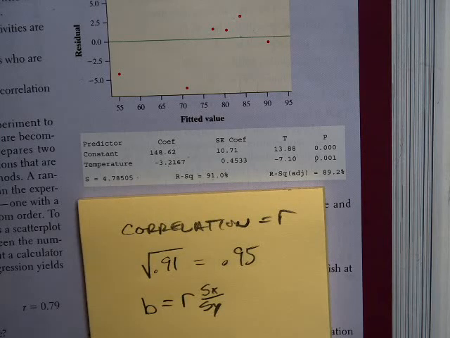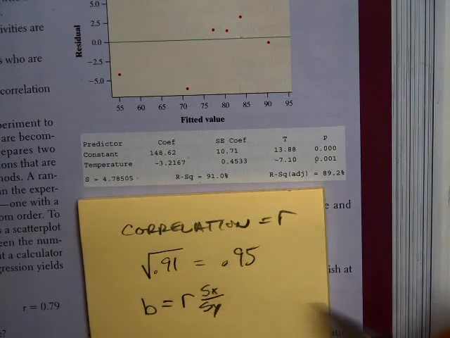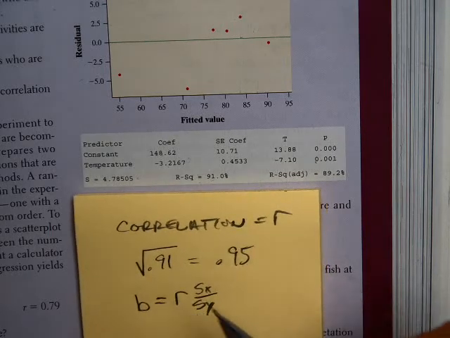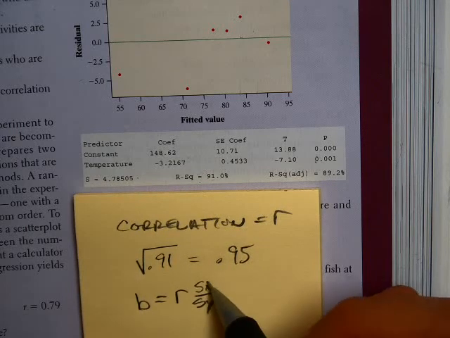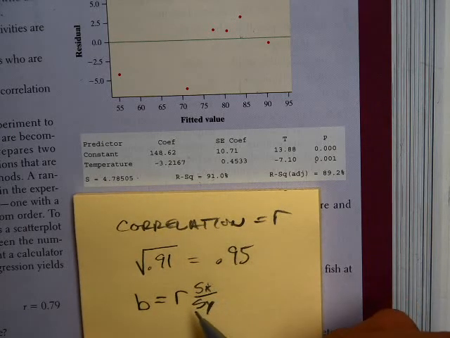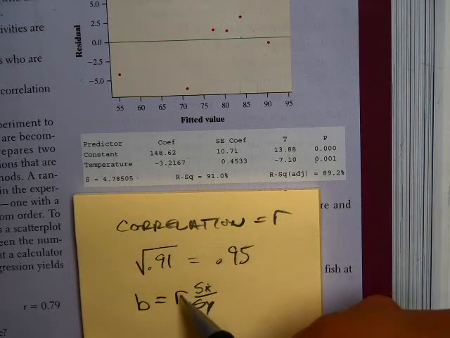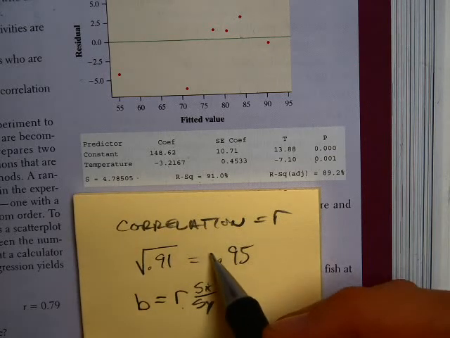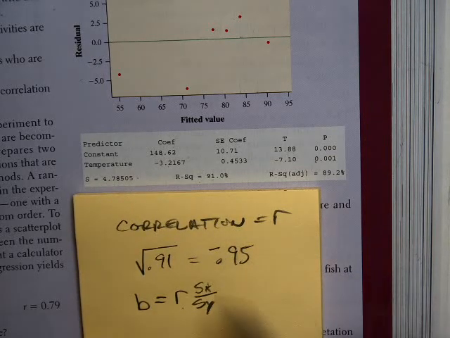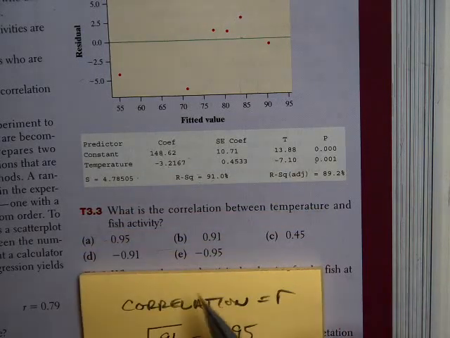And one of the things that I was sort of clued into by one of the students was that the standard deviations are positive. If these are both always positive, the only way a slope can be negative is if r is negative. So what that tells me is that this is actually a negative 0.95 to get me this r squared value of 0.91. So the answer here is E.